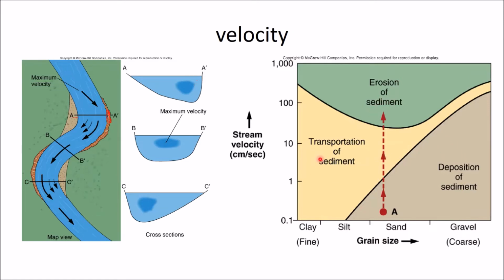For example, with the smallest grain size, when the velocity increases, then transportation occurs, no deposition, right? And with very high velocity, then erosion occurs. And for example, we consider the point E here.